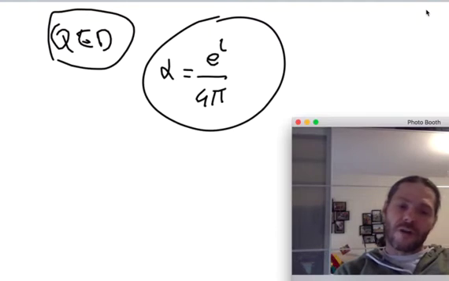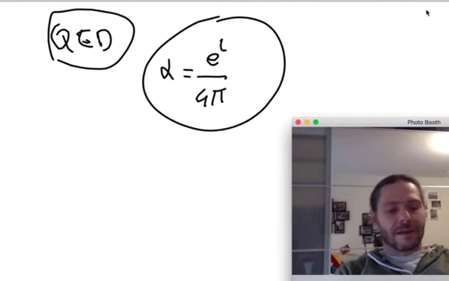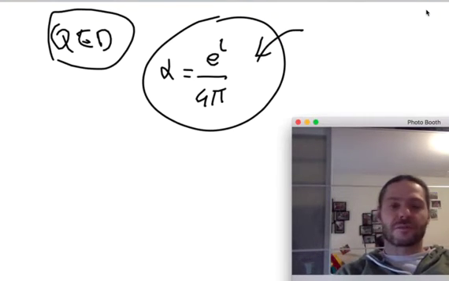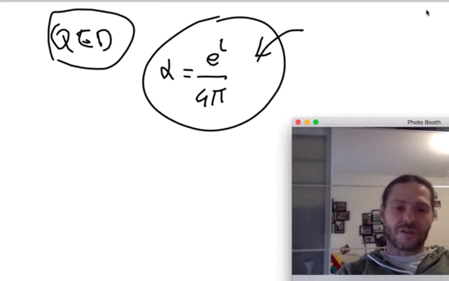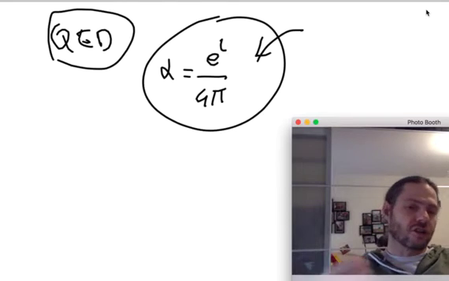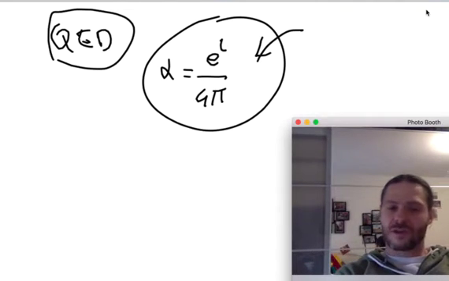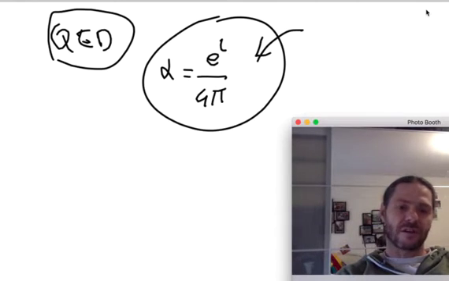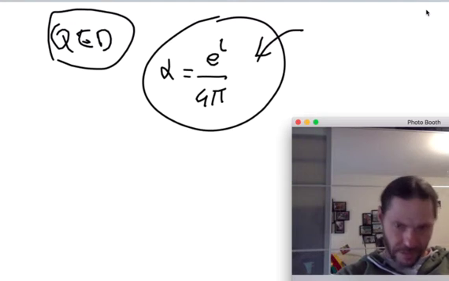Now, if you don't come from a quantum field theory background, this is the same expansion parameter that determines the correction to, say, the hydrogen atom wave function when you start including hyperfine corrections. So there are situations in which this parameter appears even without having to invoke quantum field theory.